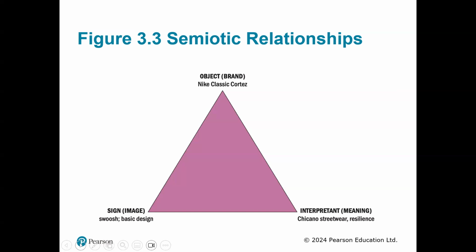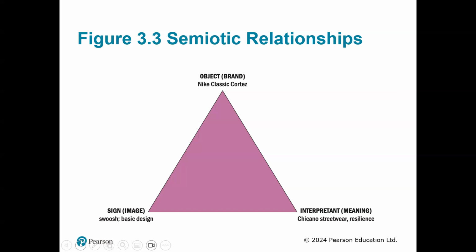The interpretant is the meaning we derive from the sign. Figure 3.3 diagrams this relationship. Note that this meaning depends a lot upon a person's prior knowledge and experiences.